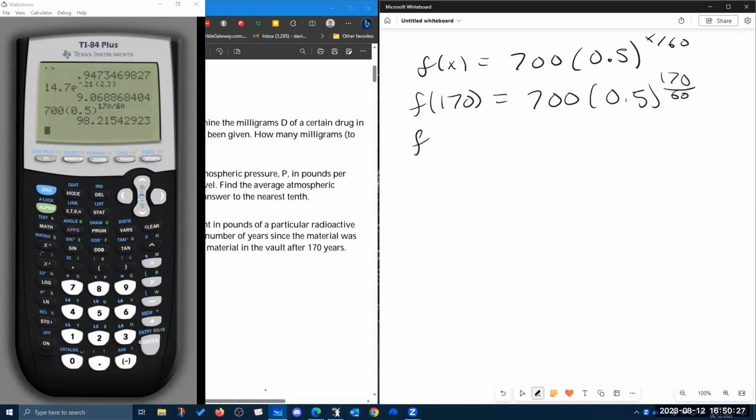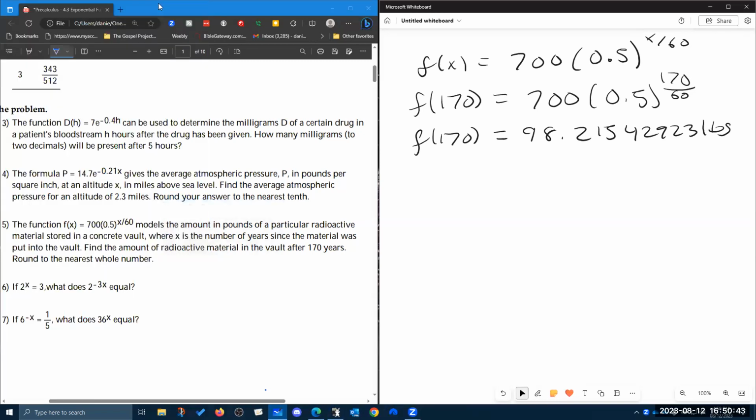And we get that f of 170 is equal to 98.21542923, and this is pounds. And we want to round to the nearest whole number. So f of 170 is about 98 pounds.